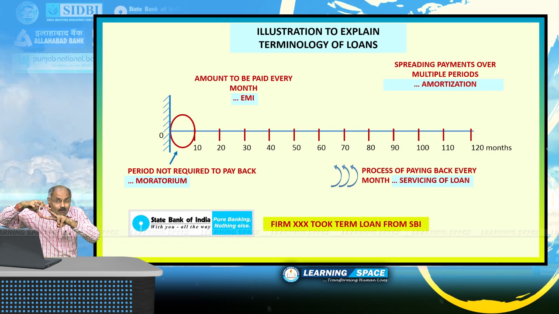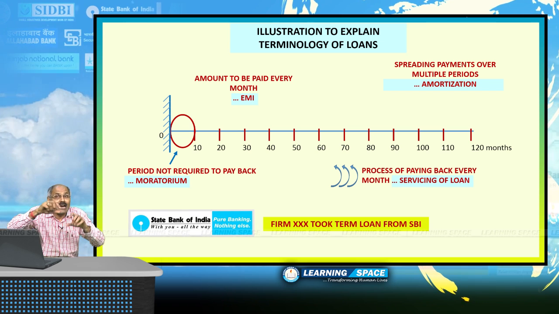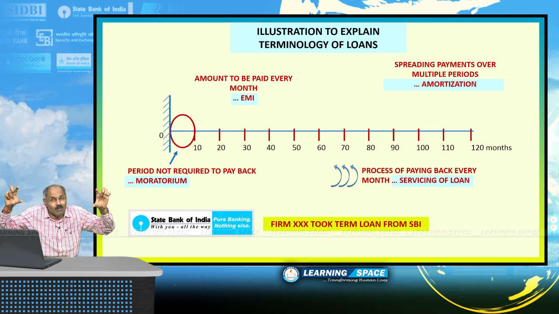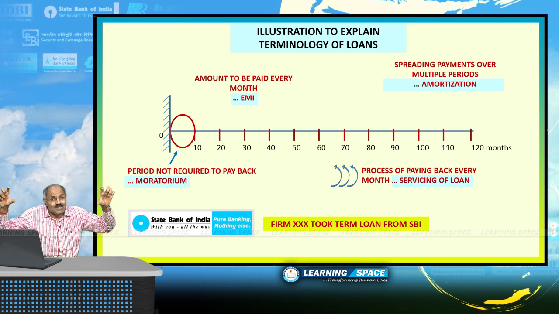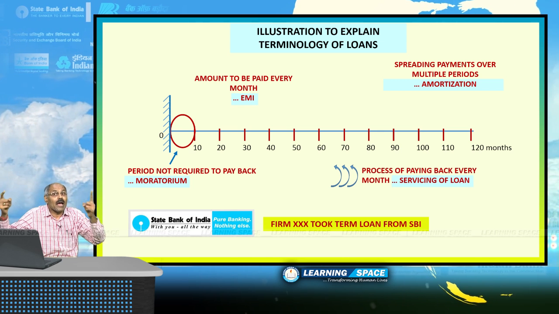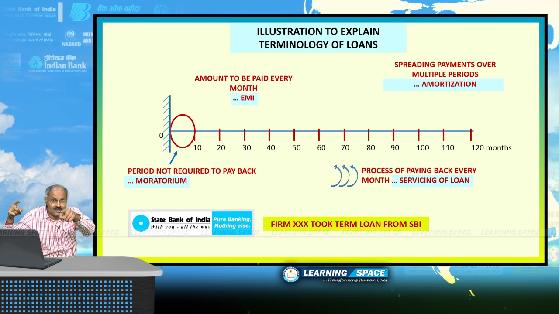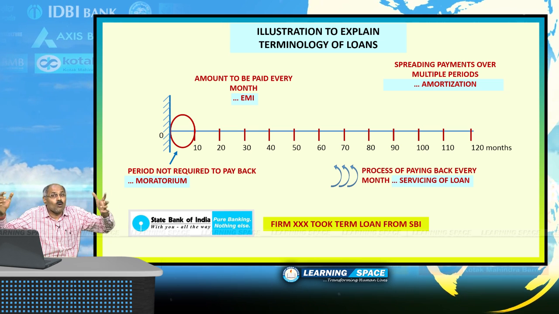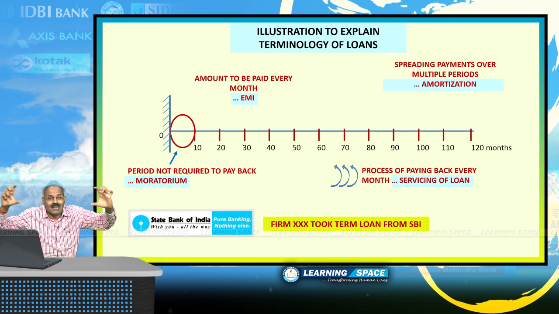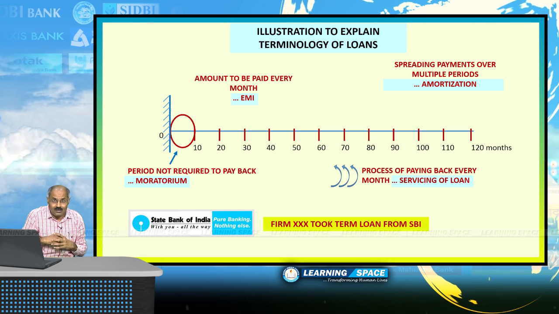Both will vary, but if you combine them together, that will be fixed, that is EMI. The details of the payments, or you can say spreading the payments, indicating principal and interest over the entire loan period, is known as amortization. Here the loan period is 120 months and spreading the payments over 120 months, that is amortization.